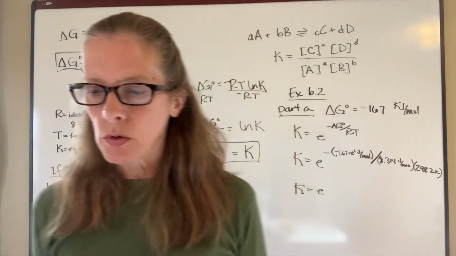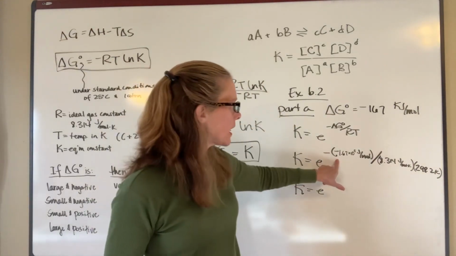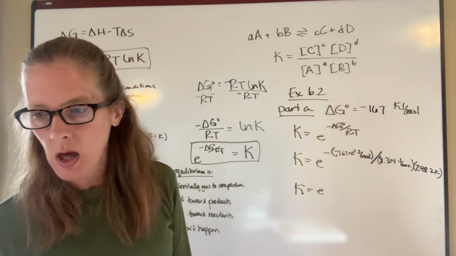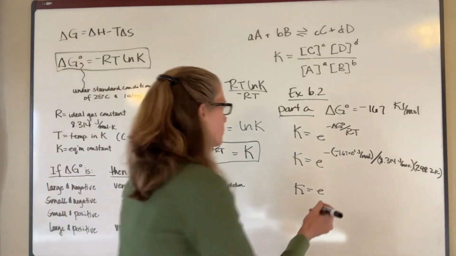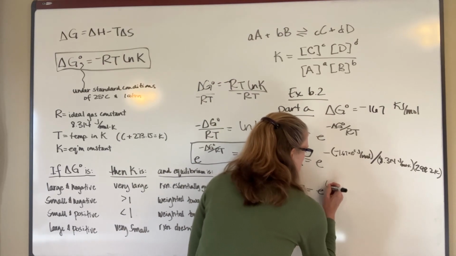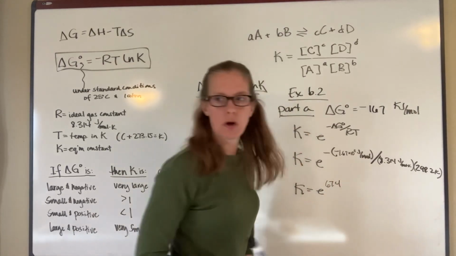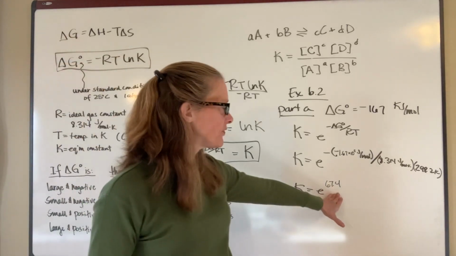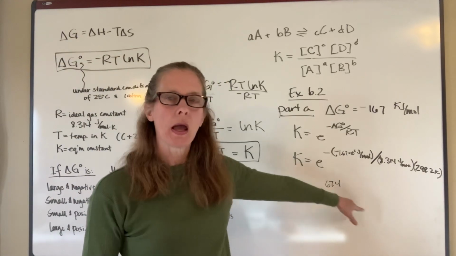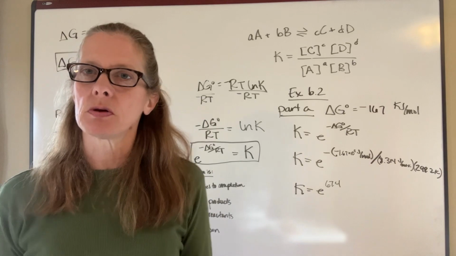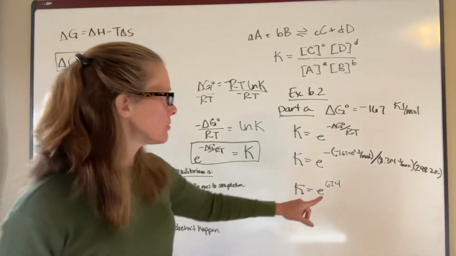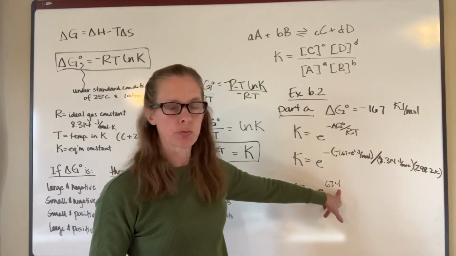Now when I type just the exponent pieces into the calculator, what am I going to end up with? At this point, you're going to end up with e to the 67.4, okay? Again, 3 significant figures in the exponent. How many significant figures are there going to be in the answer? The significant figure rule tells us that I'm only looking at the digits to the right of the decimal point, so it's 1.